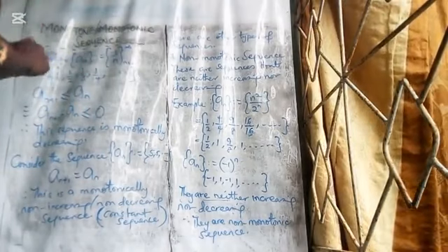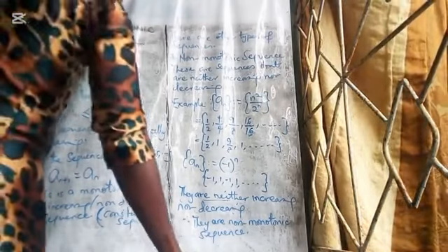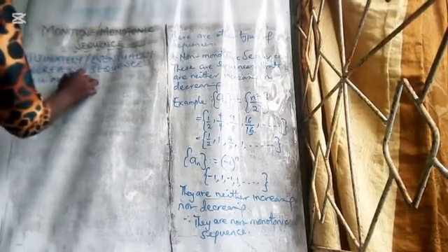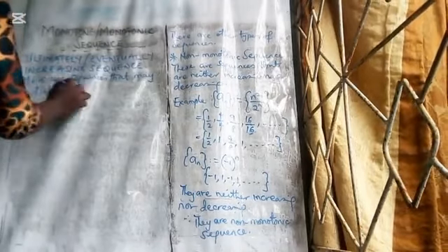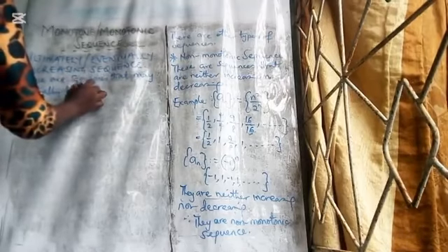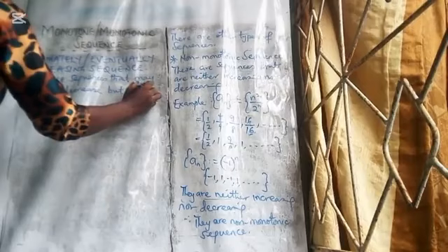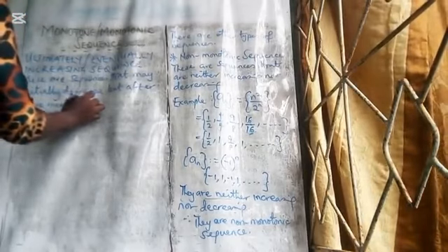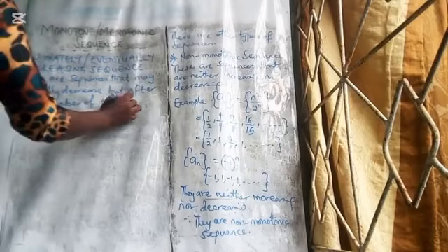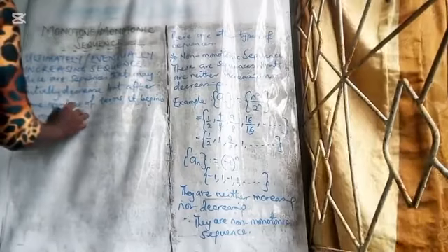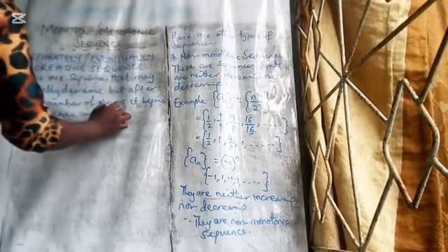We have the ultimately or eventually increasing sequence. These are sequences that may initially decrease, but after some number of terms, it begins to increase, and then continues to increase.